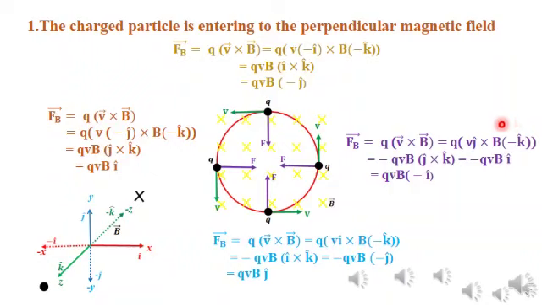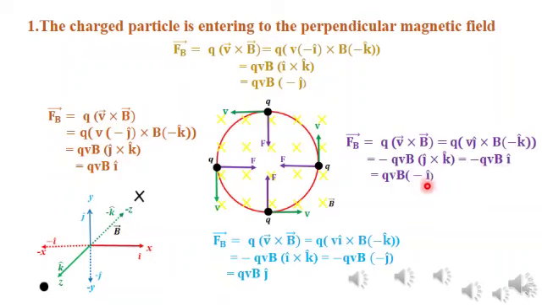After taking the minus and magnitudes outside, the force is minus qvB into j cap cross k cap. But j cross k is i. So the force is minus qvB into i cap, which is qvB into minus i cap.